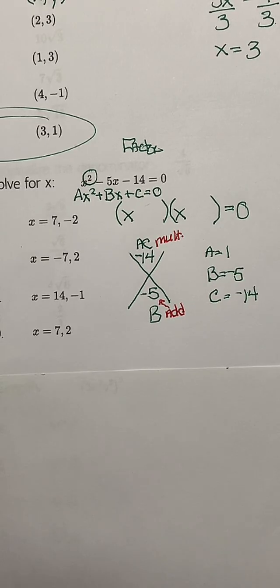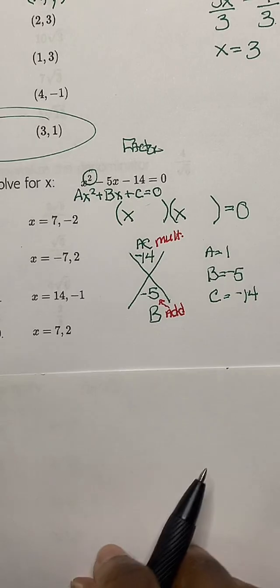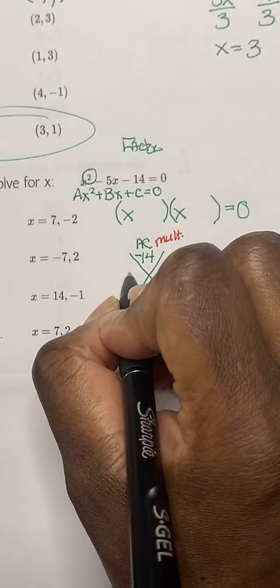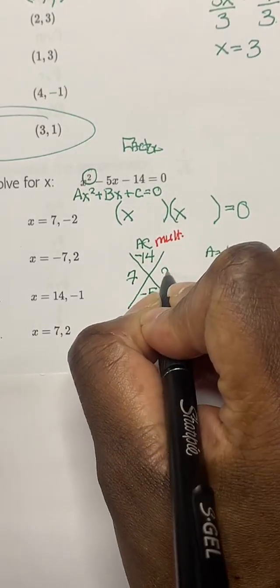So we got -7 and 2, 2 and -2, 7 and -2, -7 and 2. You're saying none of the above. Careful, Stefan. So -7 and 2, I think it's B, -7 and 2. So, knowing our multiplication, we got 7 and 2.